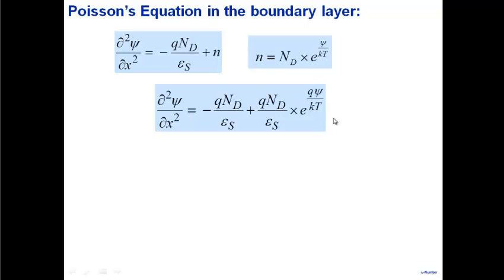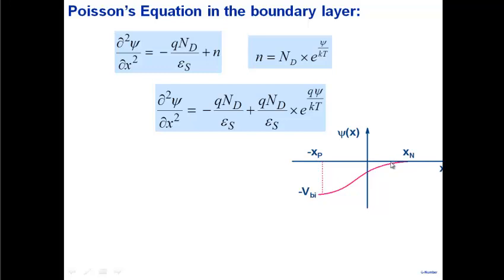Again, because of the exponential, it's a little bit difficult to handle here. But note that we are interested in this small transition region, in this boundary layer. In this boundary layer, you start from 0, and if we assume that the boundary layer is small and the potential drop is small, then we can say e to the power q psi by kT can be approximated by a linear approximation, because you're starting from 0 and looking at a region in the neighborhood of 0.